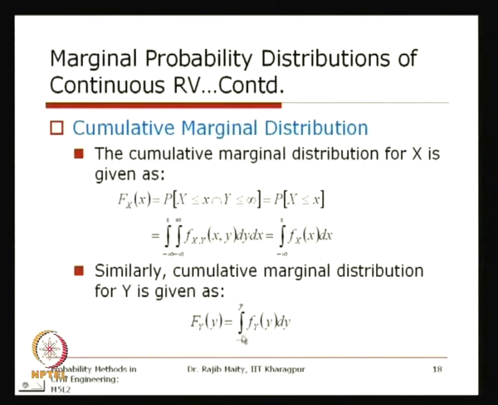Similarly, for y, it is the integration from minus infinity to some specific value of y of the marginal PDF of random variable y. So this way we will get both the marginal PDF and marginal CDF.